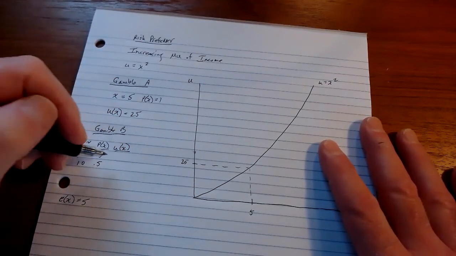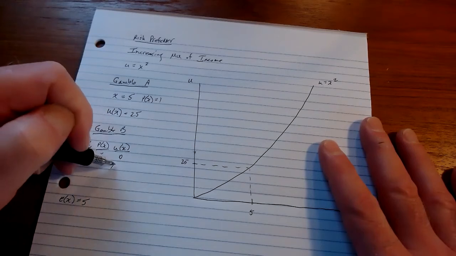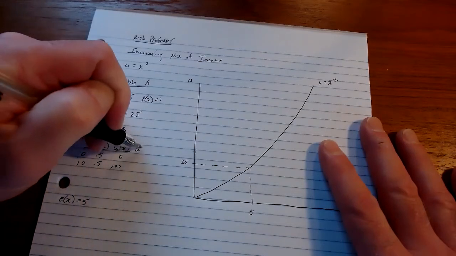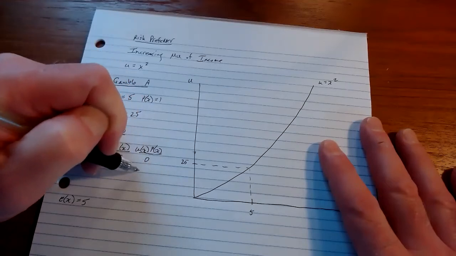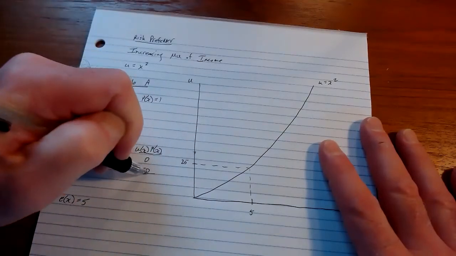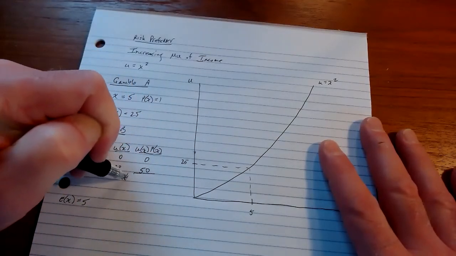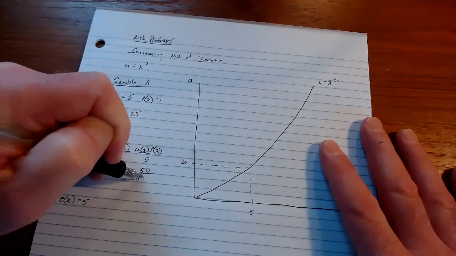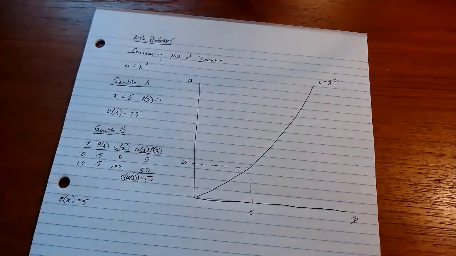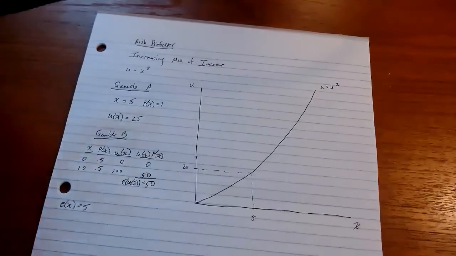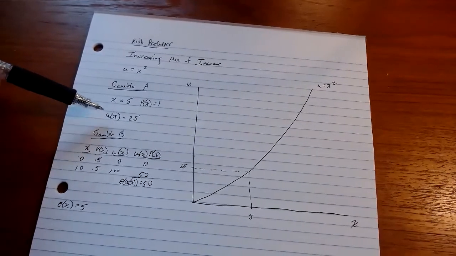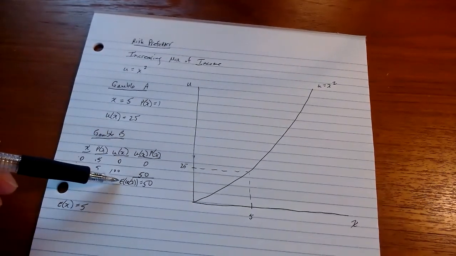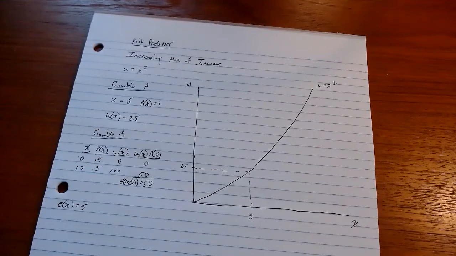So the utility of 0 is 0, the utility of 10 is 100. And if we take the utility times the probability, we get 0 and 50. And so the expected utility of this gamble is 50. So in this case, a certain $5 gives less utility than a gamble that pays off $5 on average.